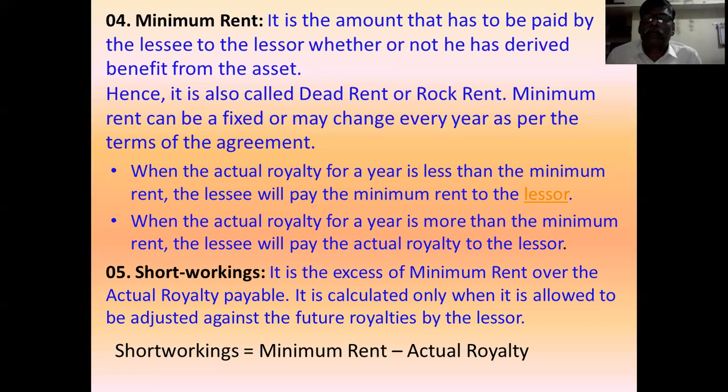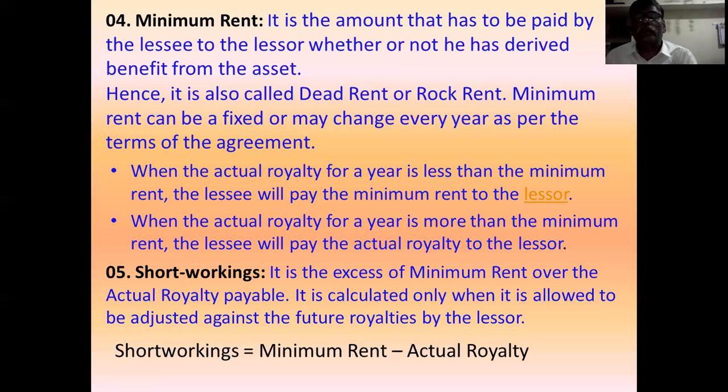But as per the agreement, the lessee has to pay a minimum of 15,000 rupees per year. Whatever minimum is fixed is called minimum rent. So the minimum amount is 15,000, and the royalty calculated is 10,000.